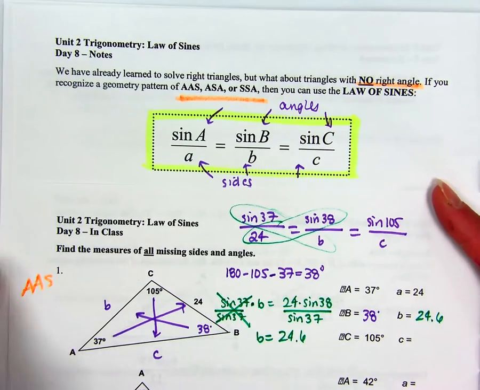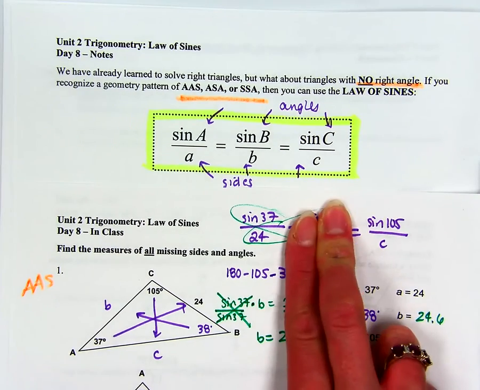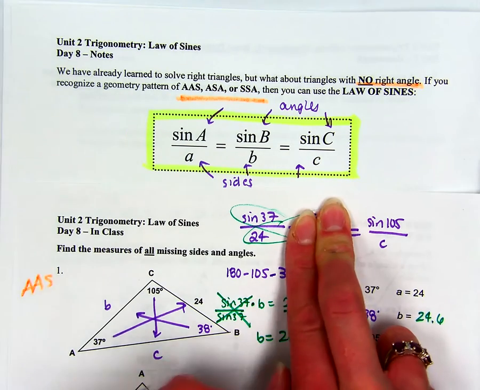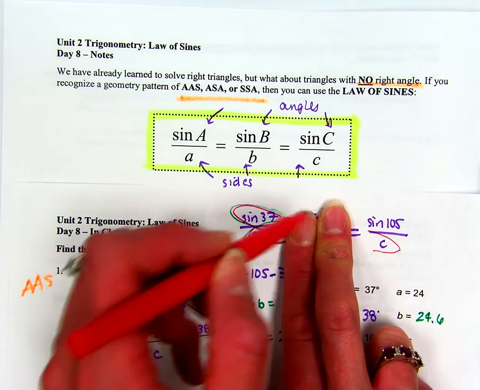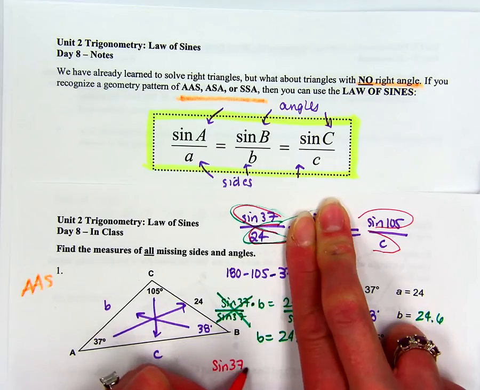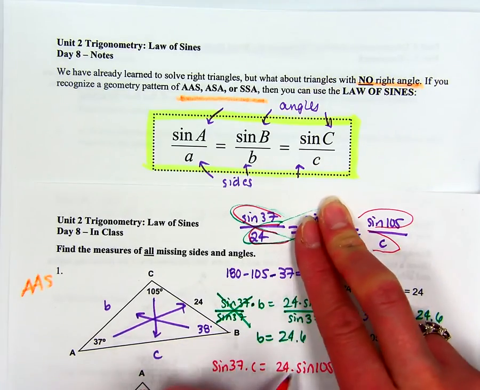I'm just going to do exactly the same thing with C. This time I'm going to cover up this middle fraction, and I'm going to cross multiply this way. So I'm going to do sine of 37 times C and 24 times sine of 105. So I'm going to write that here. Sine of 37 times C equals 24 times sine of 105.